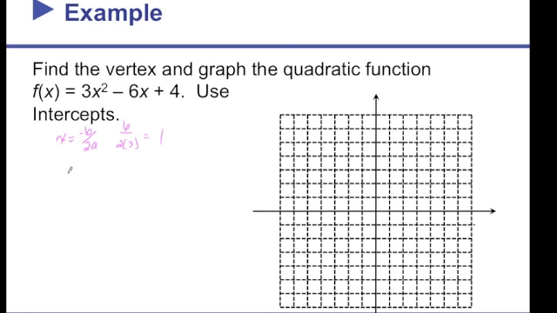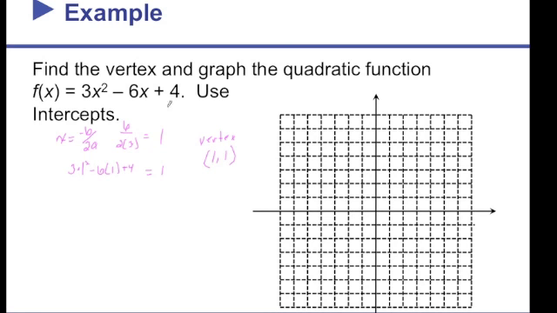To find the y value of the vertex, we'll put that 1 in the equation. So 3 times 1 squared minus 6 times 1 plus 4. 3 minus 6 plus 4 will be 1, and the vertex is at (1, 1).